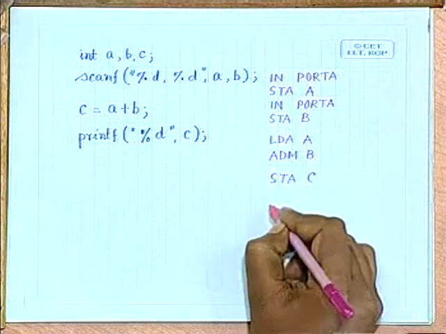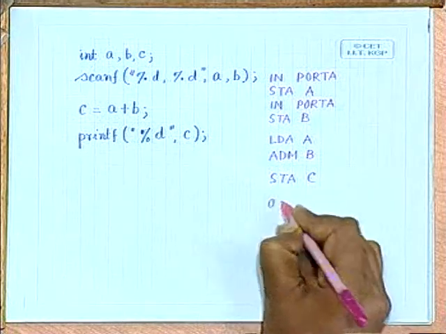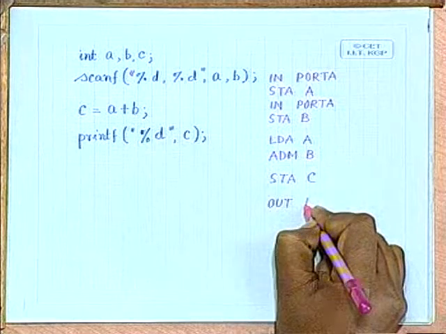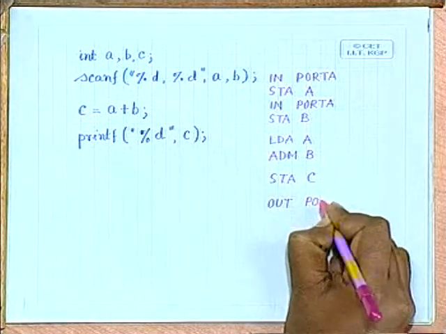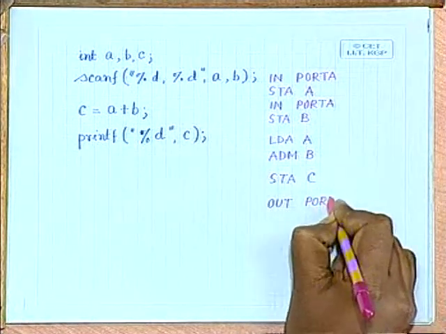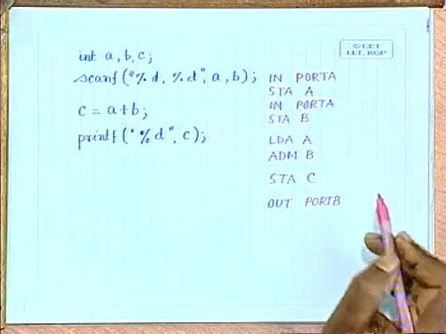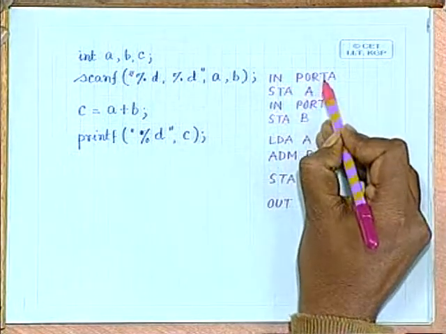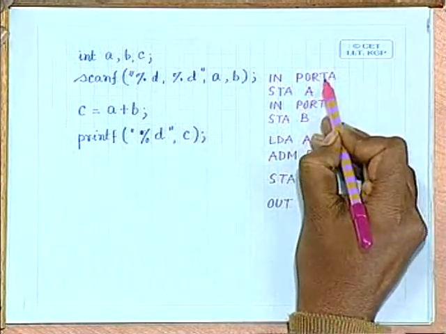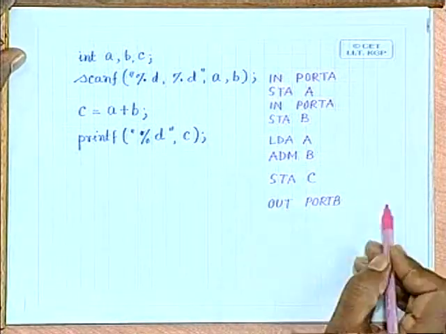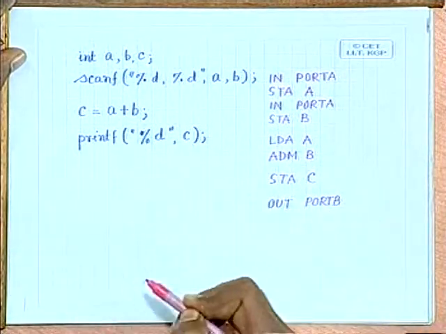Okay. So, the operation that we will perform is out to some other port, say port B. So, you find that we have read in the values of A and B from port A, and we have printed, or outputted, the value to port B.